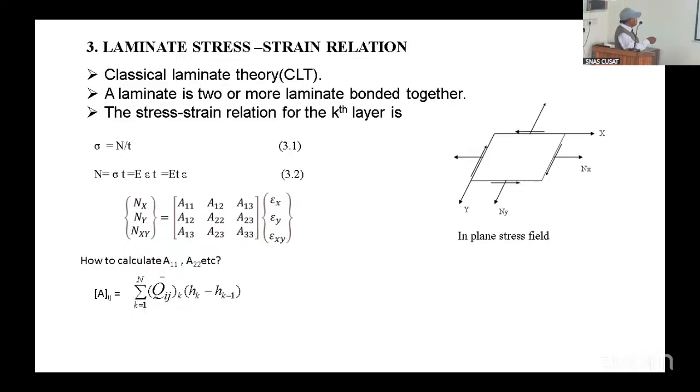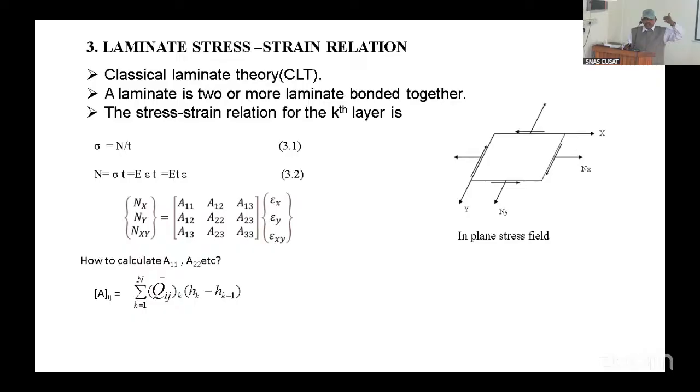So N is related to strain using E and T. E is the rigidity, stiffness, and T is the thickness. What is the difference between isotropic material and composite material? In isotropic material, you generally have one thickness, the thickness of the plate. Whereas in the composite, you will have n number of layers that constitute this thickness.